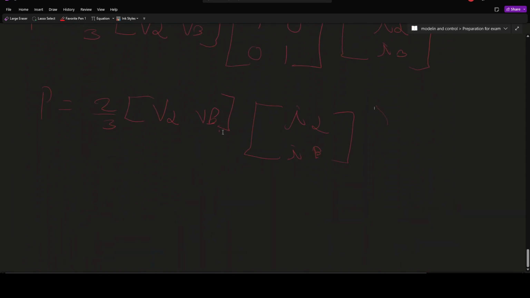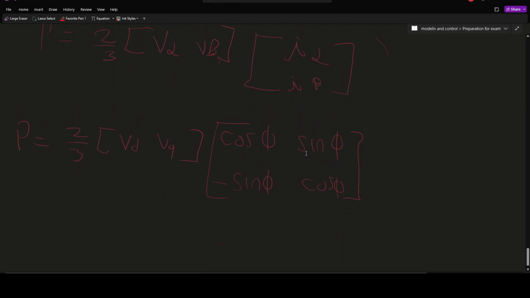They are asking us to do the same for dq. Okay, so we are gonna do exactly the same that we did before. So we have our thirds, but instead of having alpha beta, we are gonna express it in dq. So we have to multiply by our transformation matrices. So this is the same, just that we apply it for the Park's transformation.